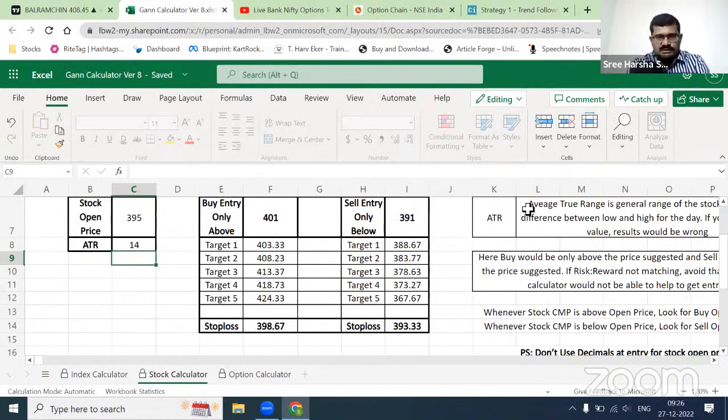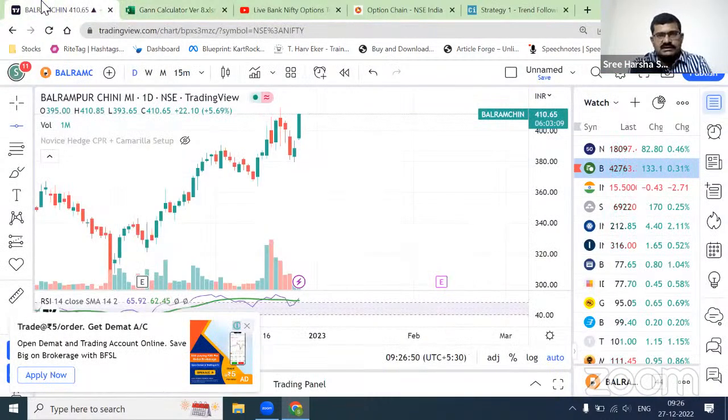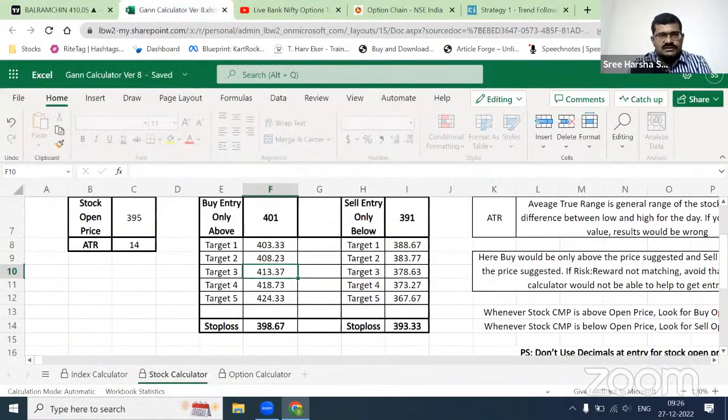Okay, so above 401 we have to only look at buy. Selling is only below 391. So target 1 and 2 are almost done. The next target is 413. So it now needs to hold 408 if it has to go towards 413.